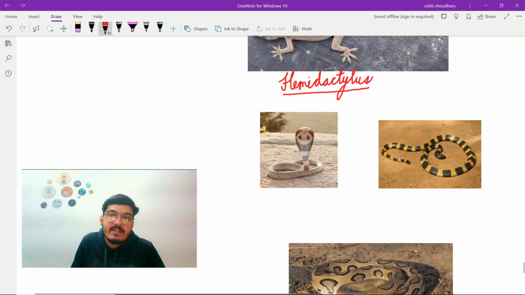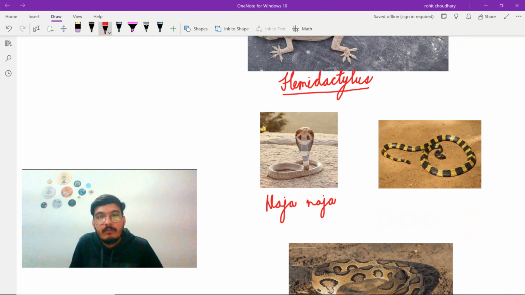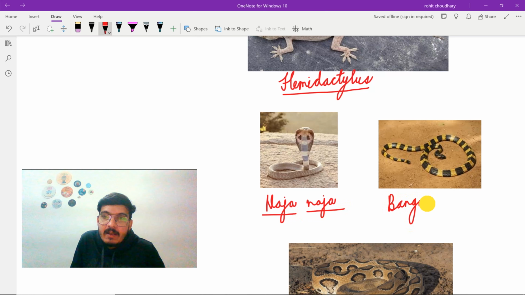The next one is Naja naja, commonly known as the Indian cobra. It is a poisonous snake and its venom is neurotoxic. The next one is Bungarus, commonly known as krait.